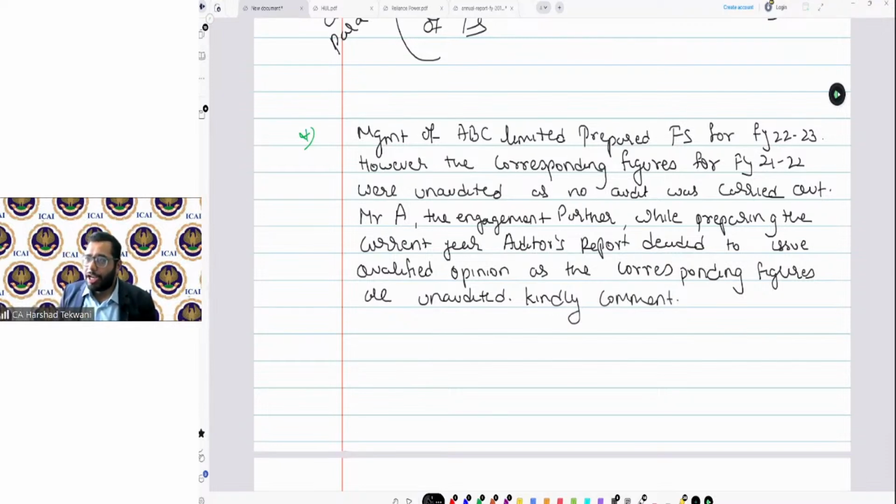So Mr. A, the engagement partner, decided to issue a qualified opinion because he said, these numbers are not audited. These are the corresponding figures. Why will I audit these numbers? So I'll issue a qualified opinion. Kindly comment on whether this is correct or not. If not, then what should be the correct way? If this is correct, then why is this the correct way?